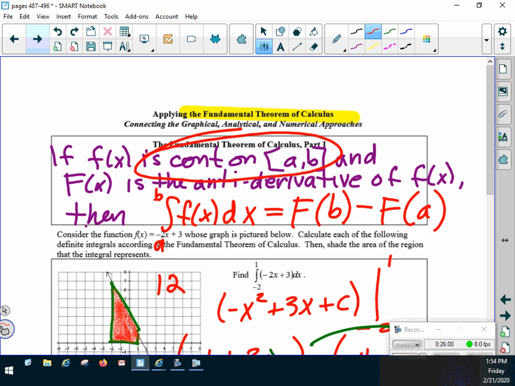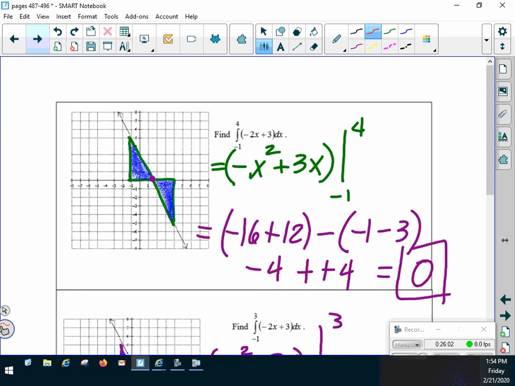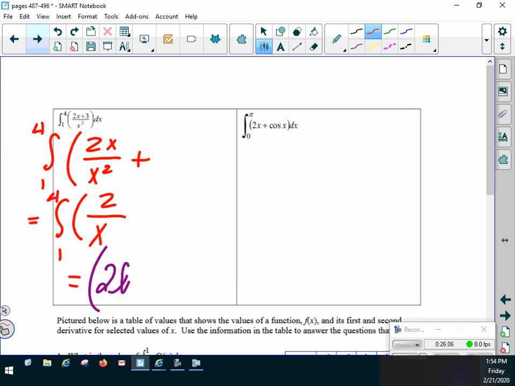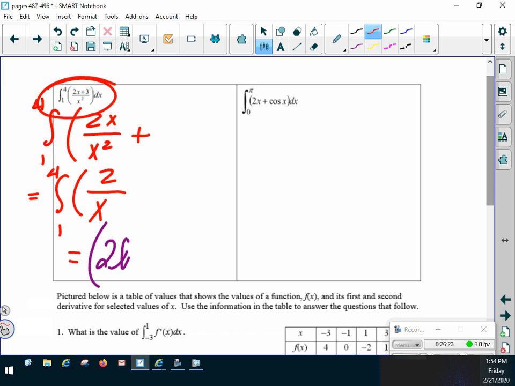Now, here's the deal. None of the ones we have done so far have had an issue that's discontinuous at 0, but 0 is not on the interval. So be mindful of that. This one's never discontinuous because it's a polynomial and a trig function, cosine.